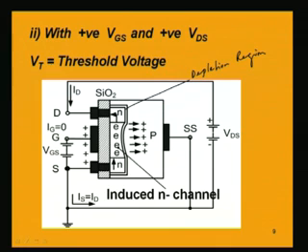Now, if VGS has a magnitude enough to sustain the flow of electrons from the source to the drain, then a current will start flowing, and the value of VGS above which the current starts flowing is known as the threshold voltage, Vt.